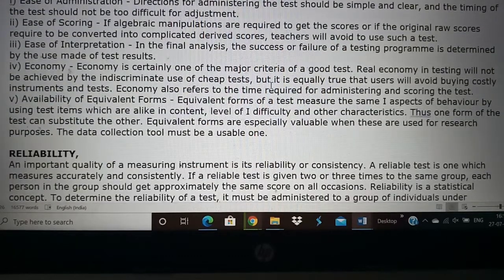Then the next thing is economy. Economy is the cost. In any research, the cost is a barrier. So we have to ensure that the research tool that we use is economical. It does not cost a lot. If you make a 100-page questionnaire, then you will have to photocopy 100 pages for each sample.